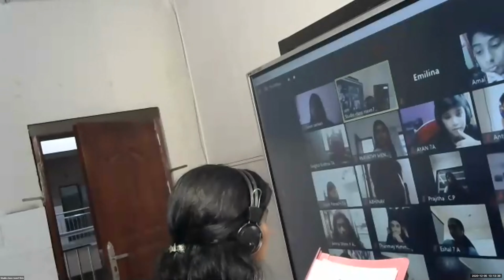Emelina Rose Babu. Emelina was absent. Ishal is present. Gauri Parvati was there. Gopal Krishna. Present. Hessa was there. Johain.